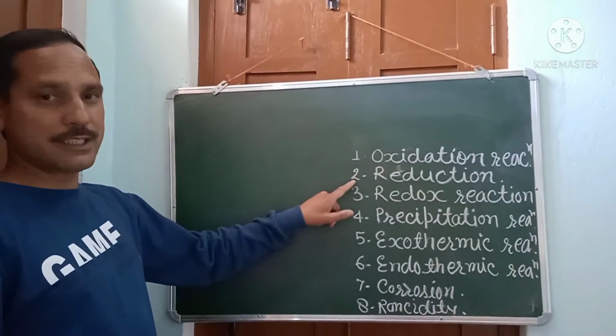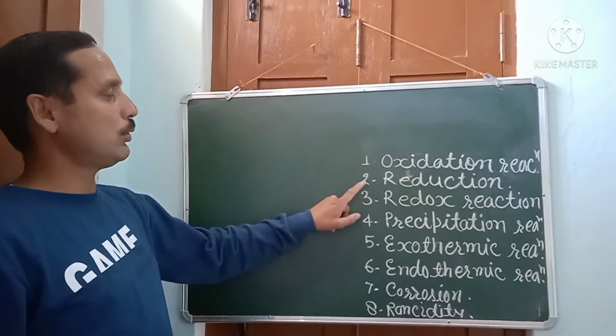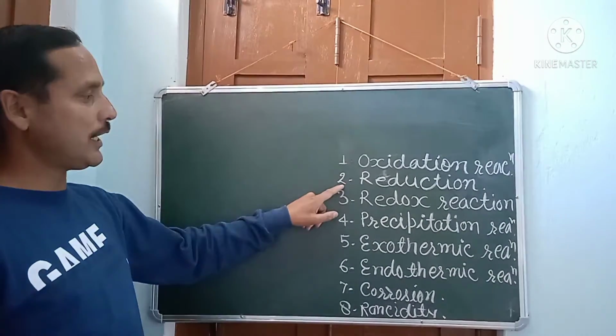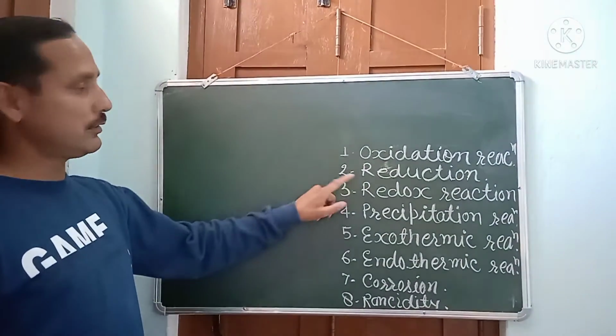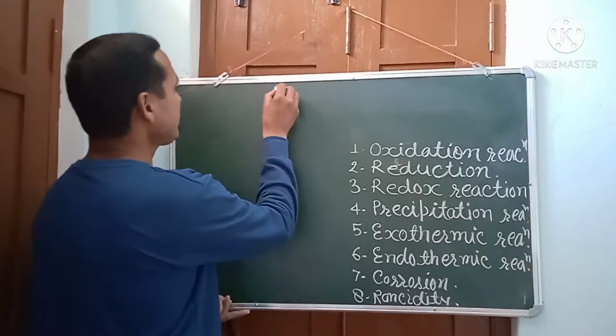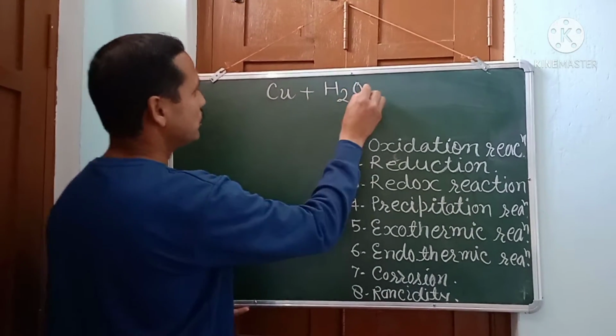Second, reduction reaction or simply reduction. Any chemical reaction in which oxygen is removed or hydrogen is added is called reduction reaction. Example: CuO plus H2 gives Cu plus H2O.